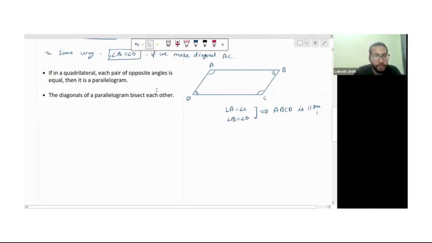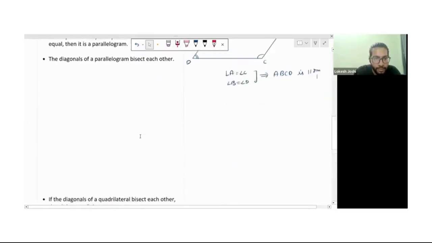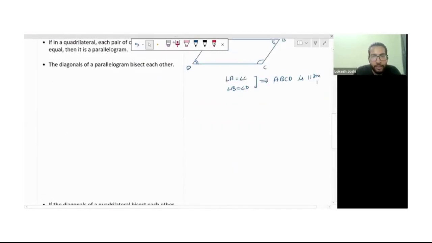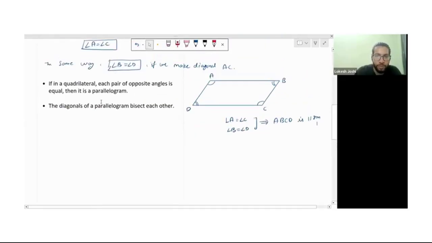Now the second last one. It's written there that the diagonals of a parallelogram bisect each other. We can prove this one also. Let me make the diagonals. This one is BD and this one is AC.